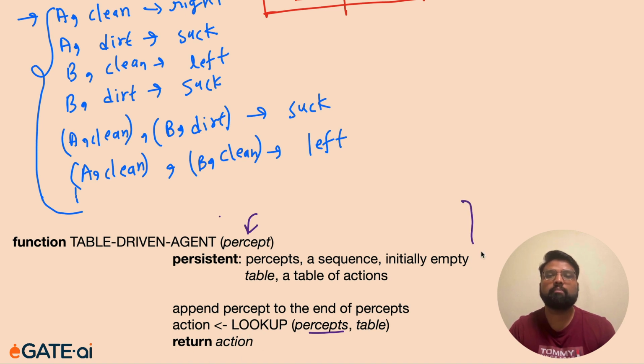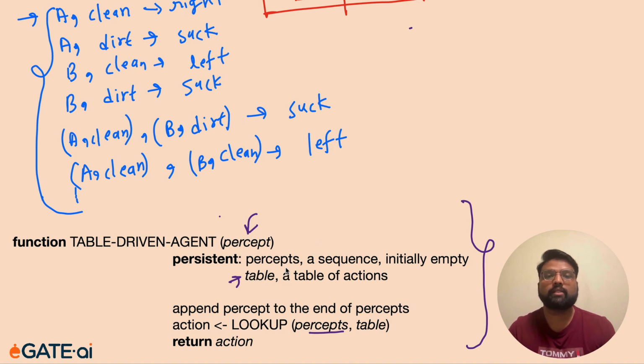So this is a very simple and naive program to return actions for all possible percept sequences. What is the problem with this agent program? The biggest issue is the size of the table. You have to write an entry for all possible percept sequences, and it would be impossible to store this big table.